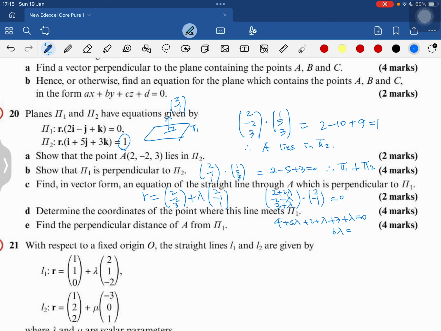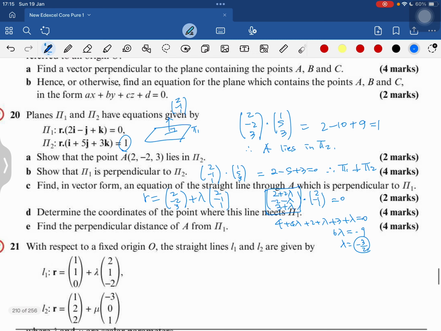So 6 lambda becomes -9, lambda is -3/2. So the coordinate of the point, this is a position vector, but we can find the coordinate: (-1, -0.5, 1.5). When the question asks you about the coordinate, you need to write it in horizontal coordinate form. But if it asks you about the position vector, then you can write it in vector form.